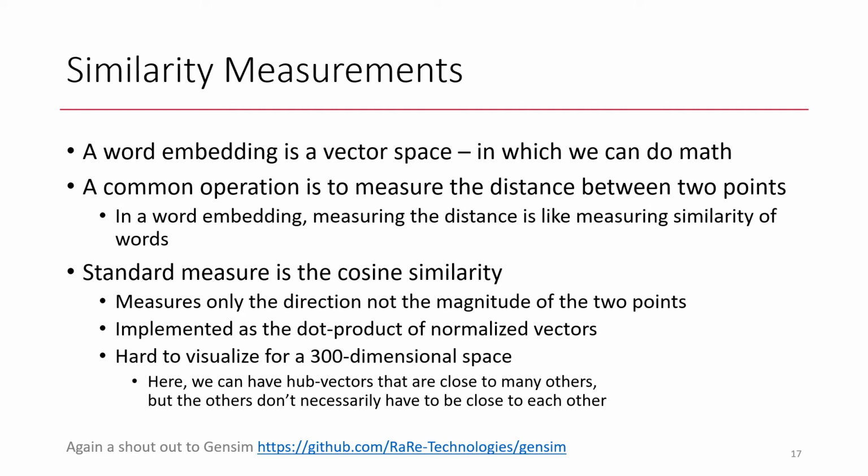But it's very hard to visualize cosine similarity in a 300-dimensional space, because here we can have crazy things that you can't really visualize, for example, so-called hub vectors that are close to many others, but the others don't necessarily have to be close to each other. And the Gensim library implements a lot of those similarity computations for you.